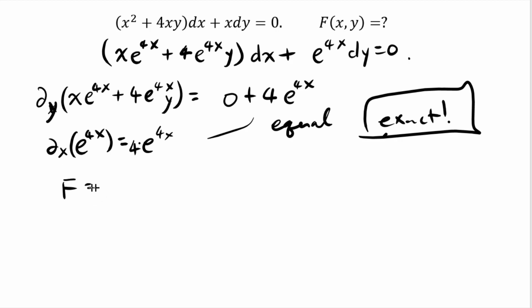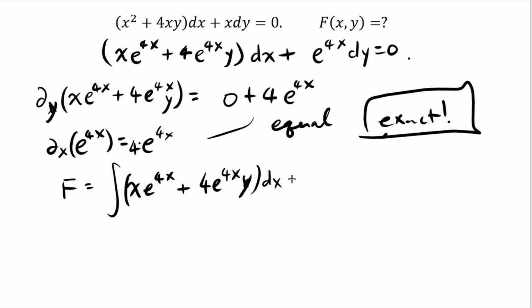Now that it's exact, we can proceed by integration. So f must be the first element, x e^(4x) plus 4 e^(4x) y, integrated by dx. Okay, and this one will require tabular integration.